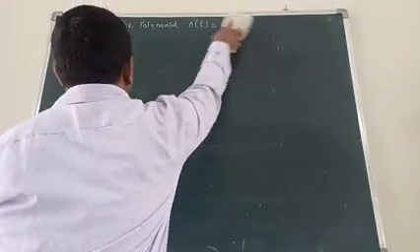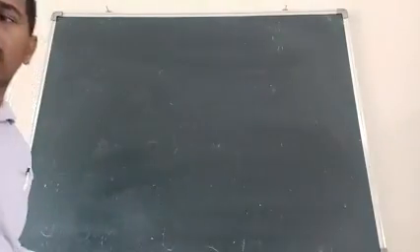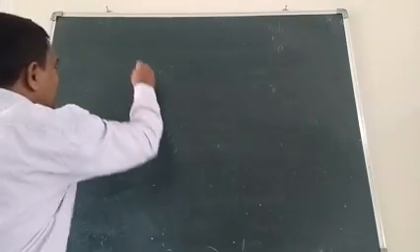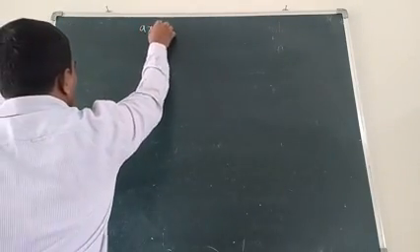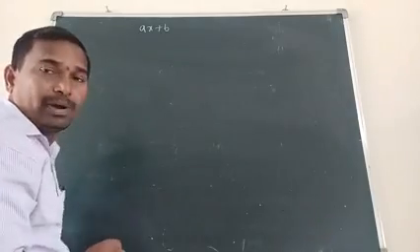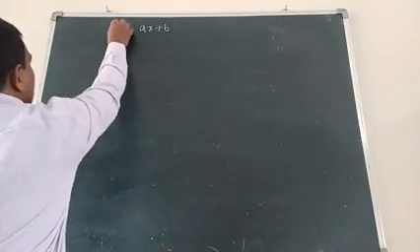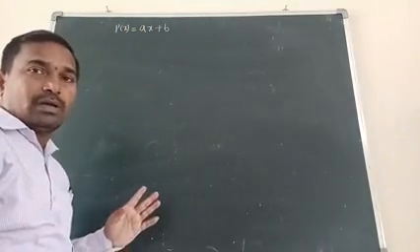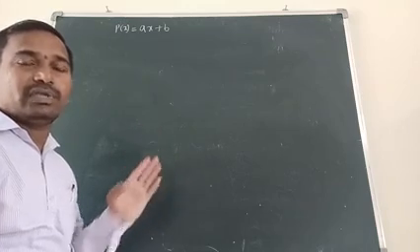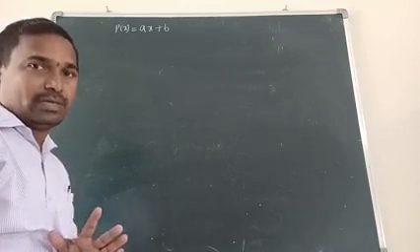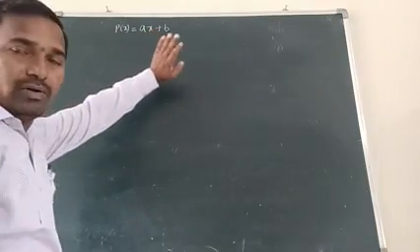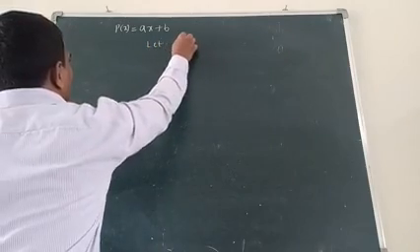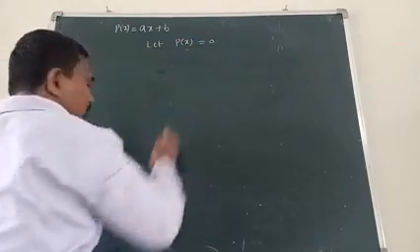Now let us see how to find the zeros of a linear polynomial. Let us take ax plus b as a linear polynomial, p of x equal to ax plus b. How to find the zero of the linear polynomial? First let us take p of x equal to 0.